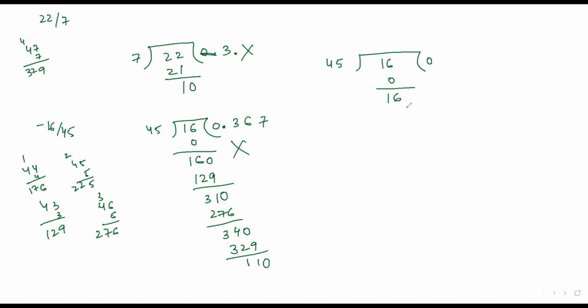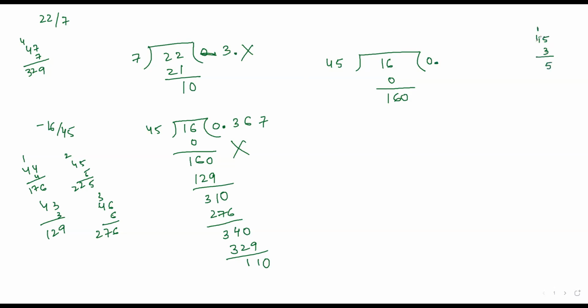Okay. All right. So I'm putting a 0, then I'm making it 0, right? Now 3 times, please do the calculation correctly. How much is 45 into 3? 3 into 5 is 15, carry 1.